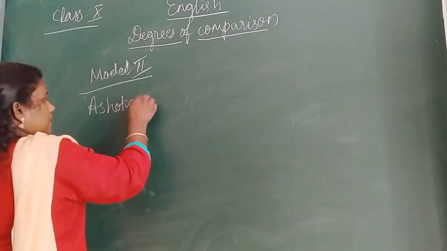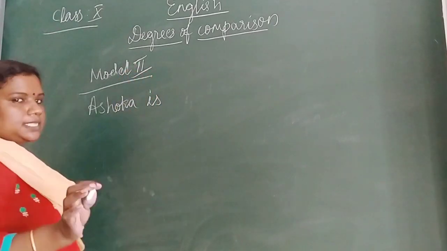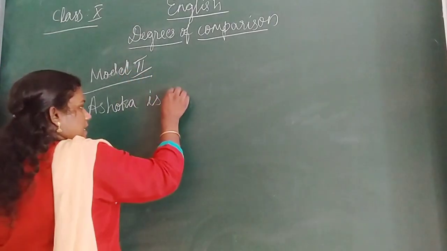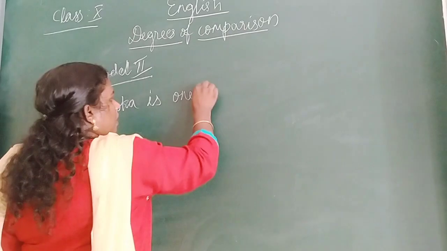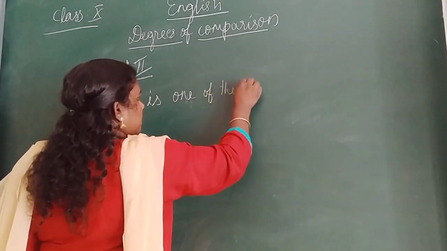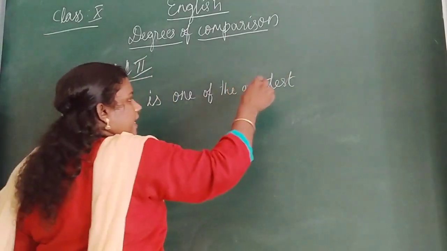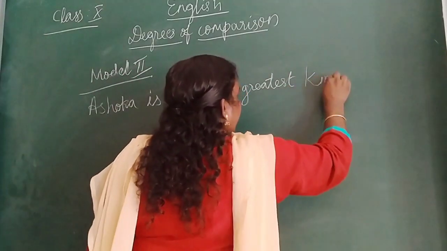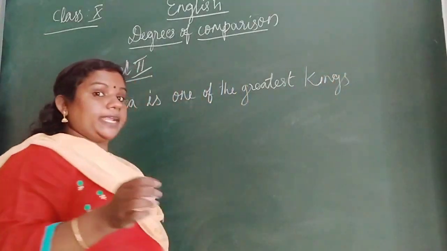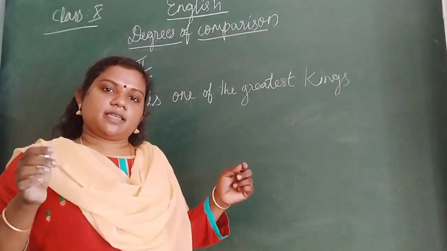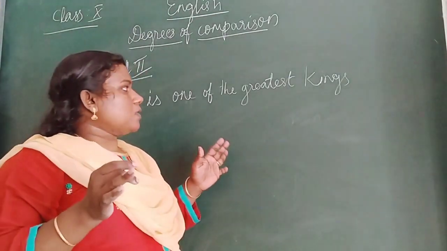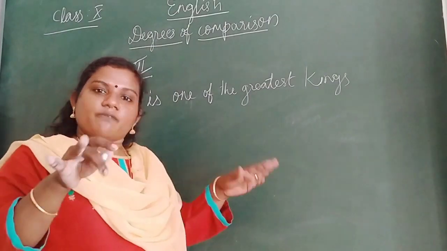Okay. Same question. The first question we have written: Ashoka is the greatest. Here, I will make one slight change. Ashoka is one of the greatest kings. Okay. Many great kings are there in India. So, Ashoka is one among them.